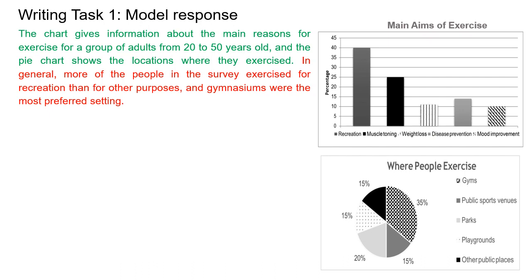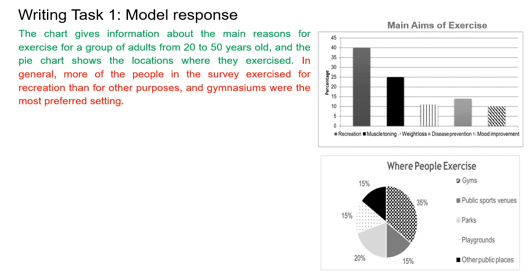The same procedure is followed to produce the second clause of this overview statement, which says gymnasiums were the most preferred setting, and which represents the pie chart. Let me ask you a question here. What number represents gymnasiums in the pie chart? Oh, I can hear you say 35%. That's right. Which is the single greatest number of all, right? Yes.